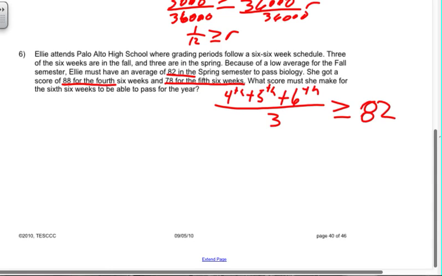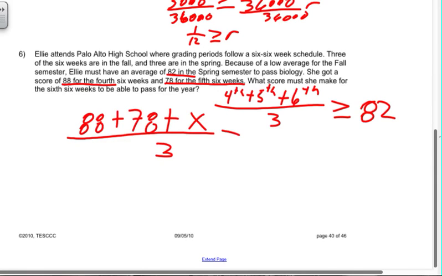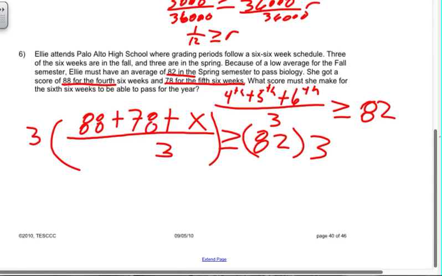All right, so now we start plugging in numbers that we have. So the numbers we've got for the 4th 6 weeks, she had an 88 plus 78 plus, there's our unknown, the 6th 6 weeks, over 3, will be greater than or equal to 82. So the first thing I'm going to do is multiply both sides by 3 to clear that out of the denominator. Instead of dividing, I'm going to do that.